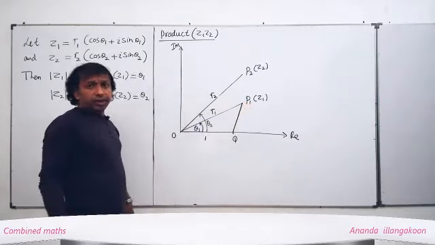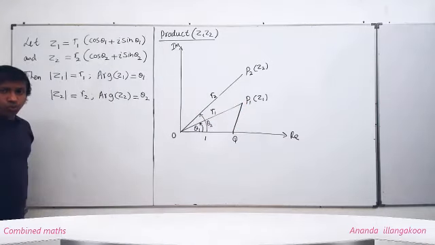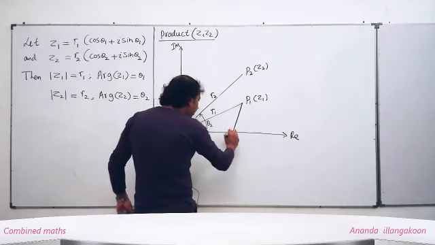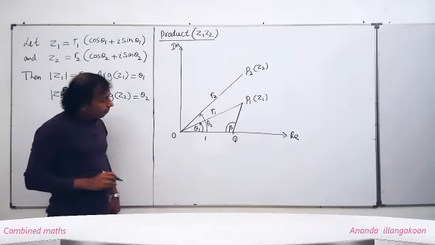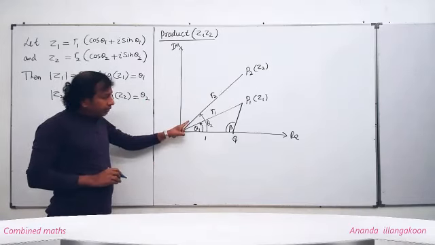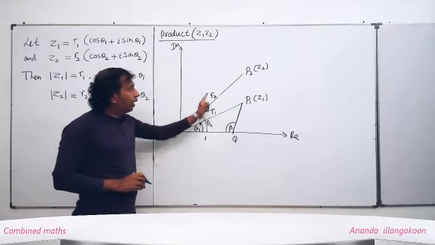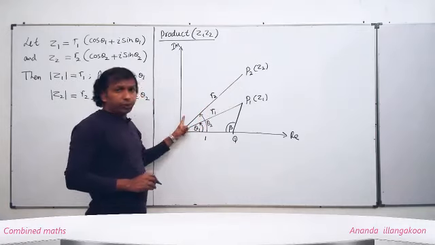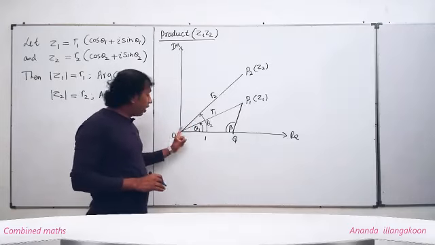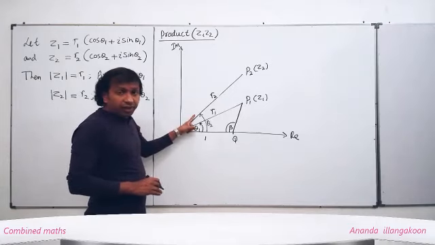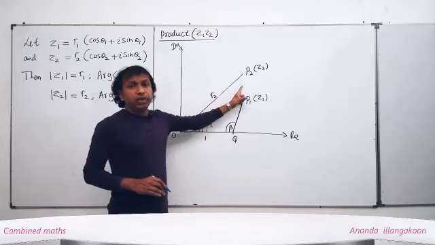Now I am going to take this angle as beta. Now I am going to draw another line above the line OP2, starting from O, making an angle theta 1 with this OP2.